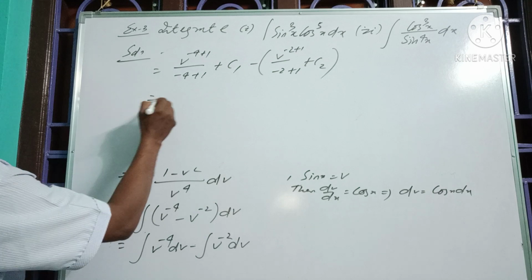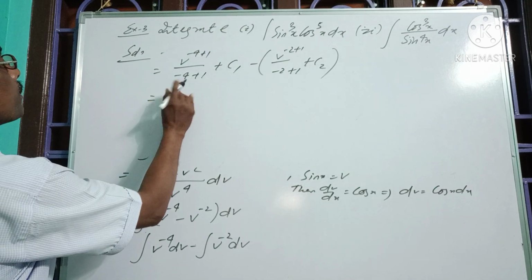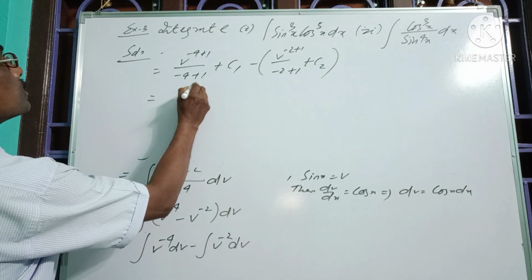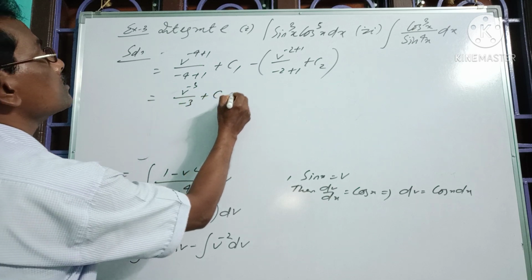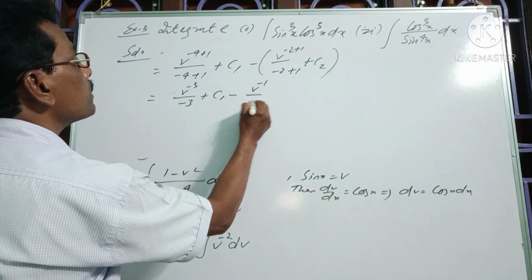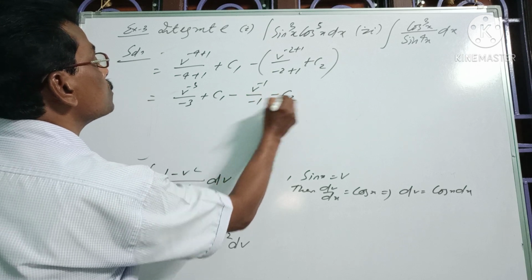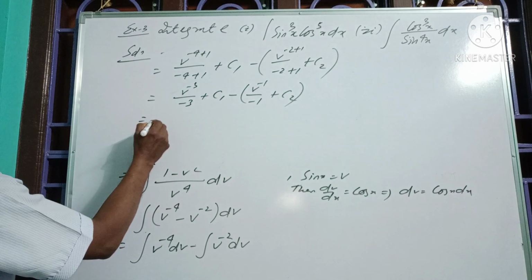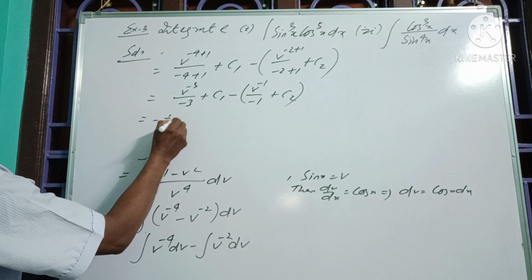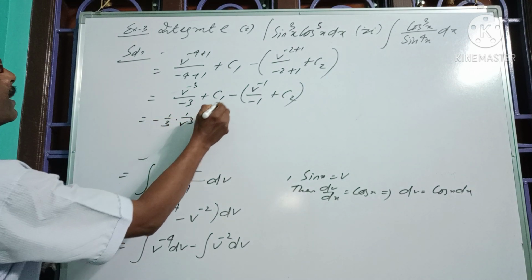So simplifying, we have v to the power minus 3 by minus 3 plus c1 minus v to the power minus 1 by minus 1 plus c2. So again simplifying, we have minus 1 by 3 into 1 by v to the power 3.